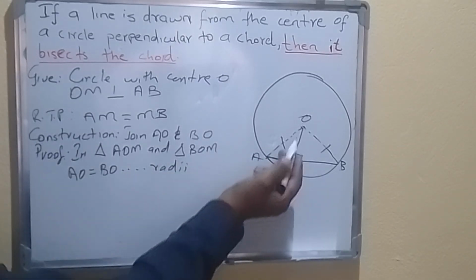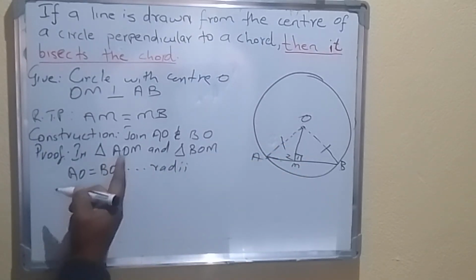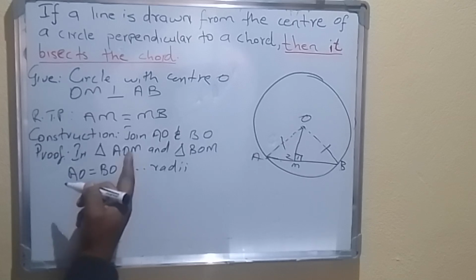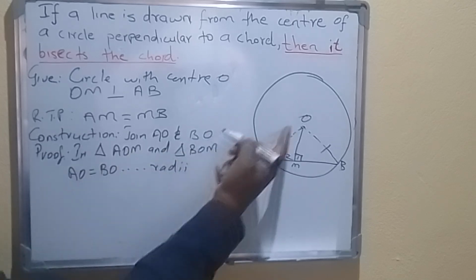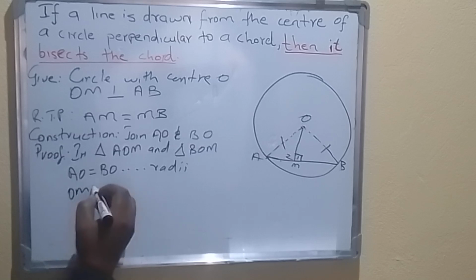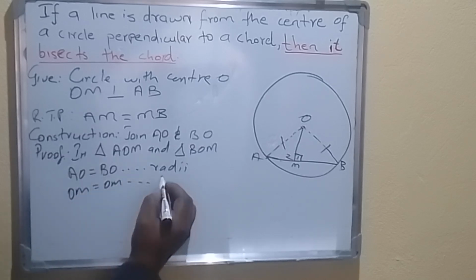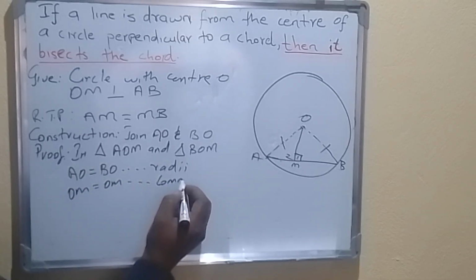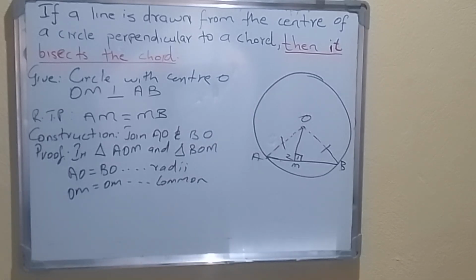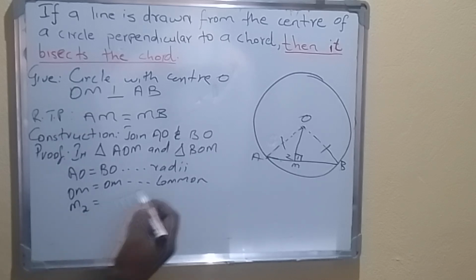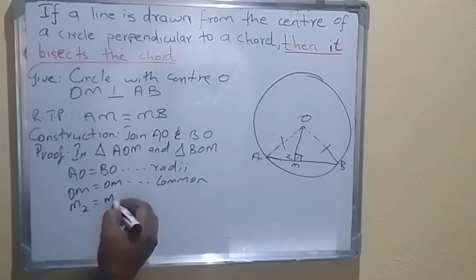Now, if I'm looking at triangle AOM, I can see that OM, this side, is a common side. It is equal to itself, so OM is equal to OM. Now, the last one, I can say angle M2 of this triangle is equal to M1.